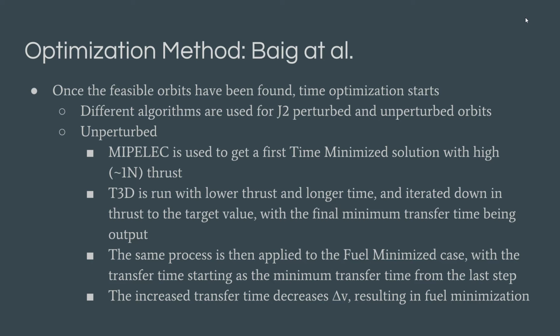The T3D is then run with a lower thrust and a longer time, and iterated down to the thrust target value, with a final minimum transfer time being the output of this process. And then the same process is applied to the fuel minimized case, with the transfer time starting as the minimum transfer time from the last step. And then an increased transfer time with each iteration for this step decreases the delta V, resulting in a fuel minimization.